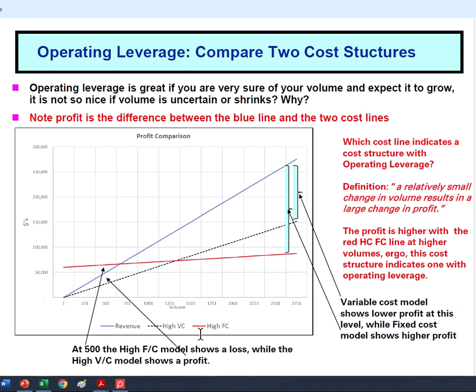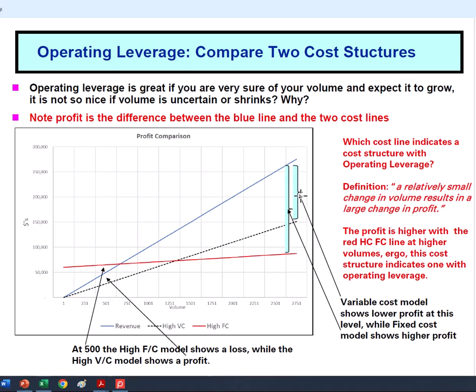Now let's say we did a high variable cost, low operating leverage model. That's the dotted line. You see that at high volume, the difference between the blue line and the dotted line, that's profit, is smaller than the difference between the blue line and the red line. That's your high fixed cost model, right?